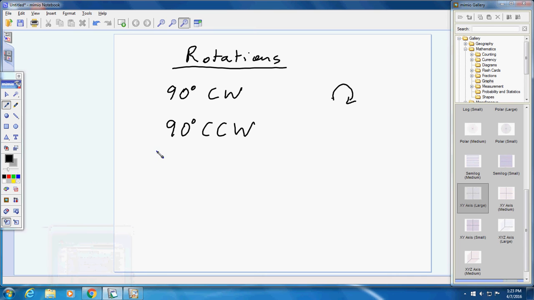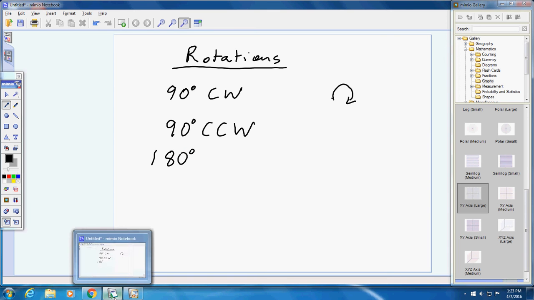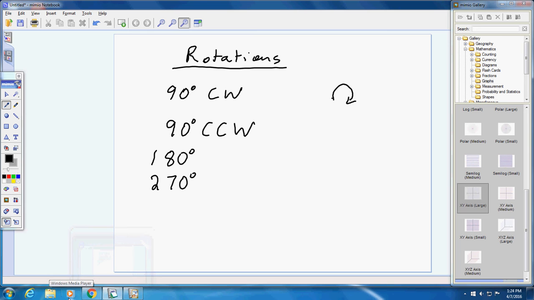You're going to see 180 degrees. Now obviously 180 degrees doesn't matter clockwise, counterclockwise, because you end up in the same spot. Now, I can do 270 degrees as well. I can say 270 degrees clockwise, but if I say clockwise, that's the same as saying 90 degrees counterclockwise.